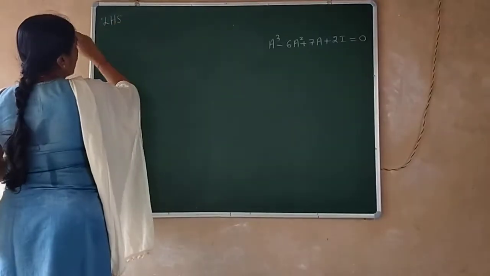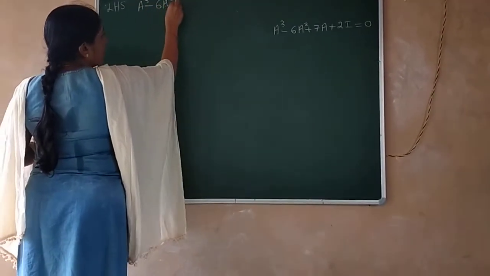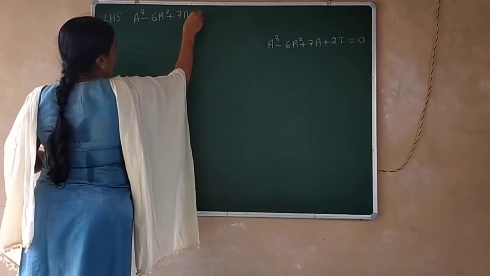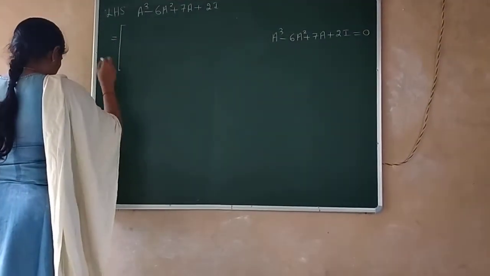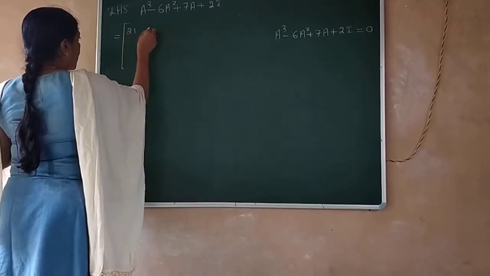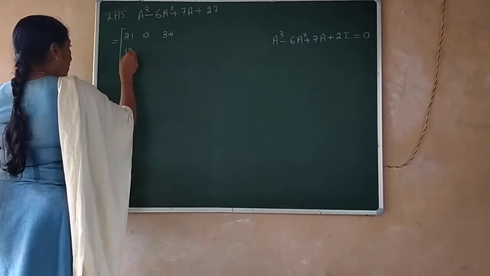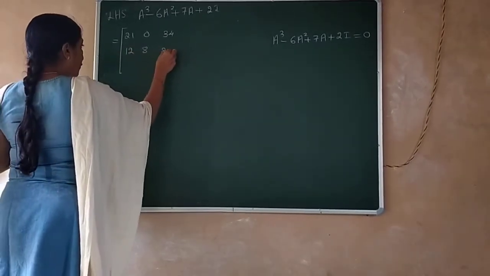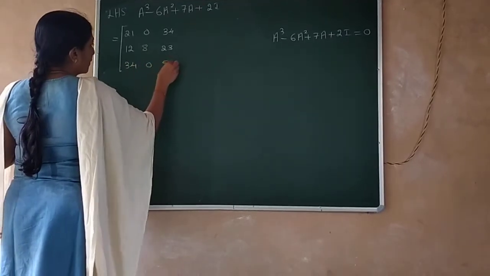Now write down the LHS after calculating A square and A cube: A cube minus 6A square plus 7A plus 2I. Substitute those values. What is A cube? A cube is 21, 0, 34, 12, 8, 23, and 34, 0, 55.